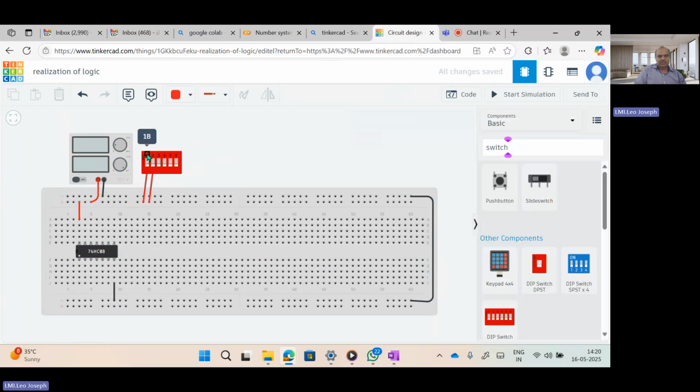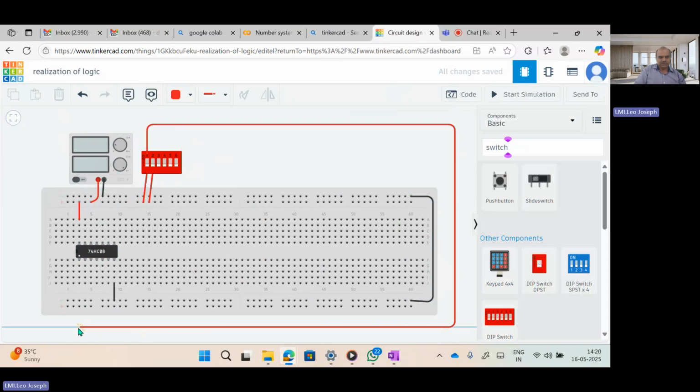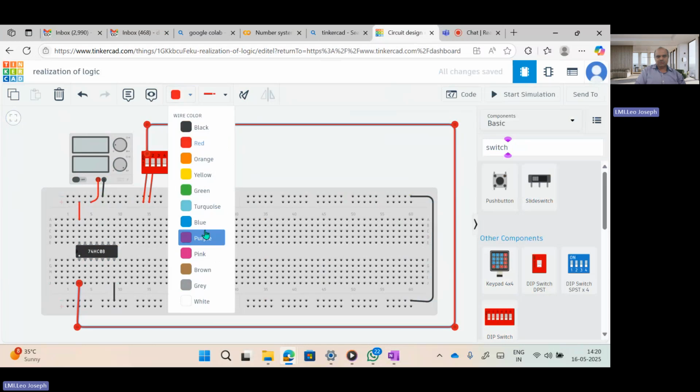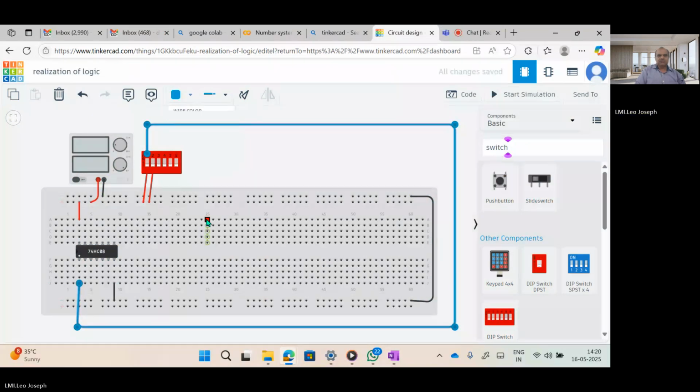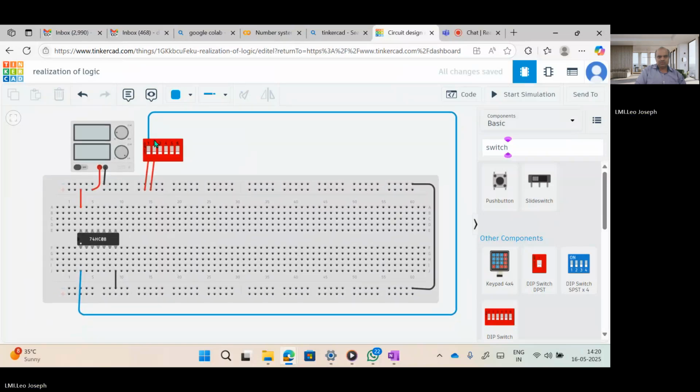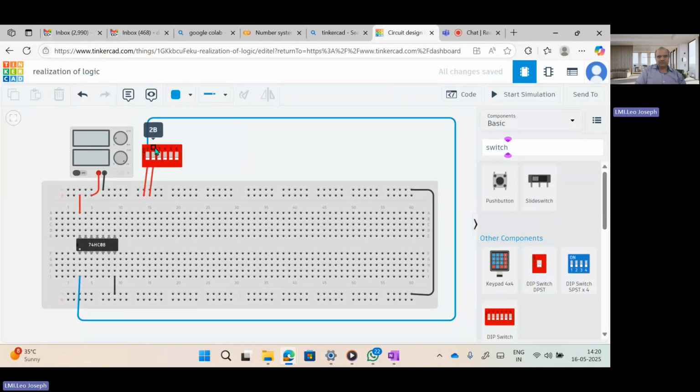From here I will take one wire and directly connect it to the input pin of the AND gate. Here the input pin is like this. This is the input pin I am connecting here. If you want, you can change one input pin color to blue and the other input pin to another color, your wish.